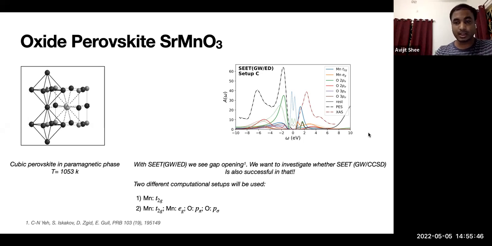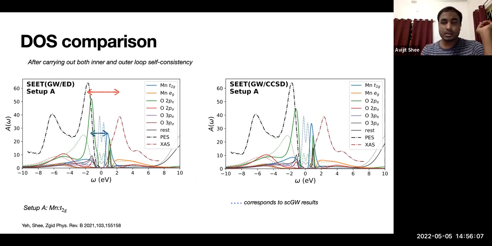In the next few slides, I'll be showing results of that. Here we'll be using two impurity setups. In one, we use only T2G, and in the other, T2G, EG, P pi, and P sigma are all considered. First is impurity setup A, where only T2G is considered.